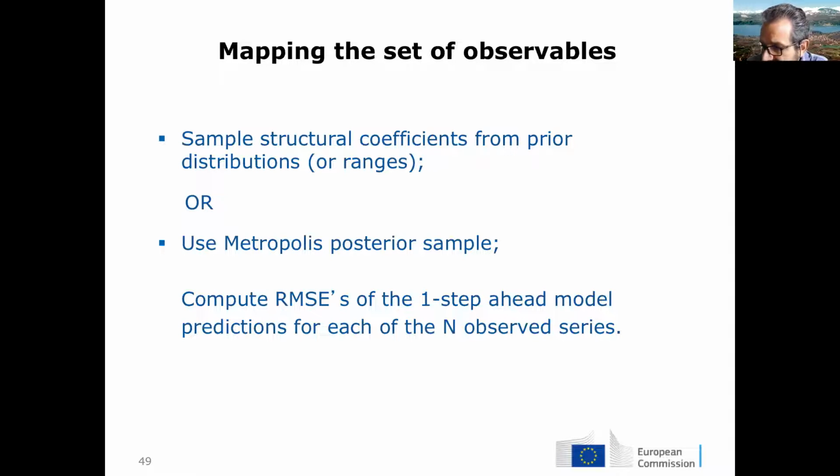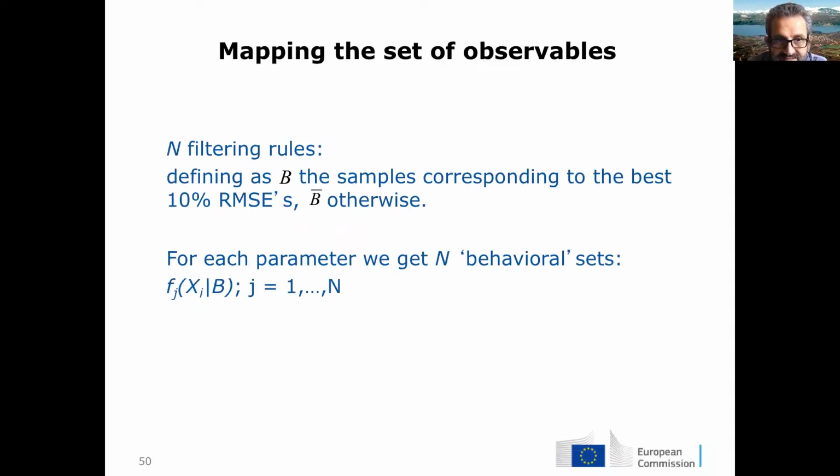Among the many other things that you get out of Dynare when you estimate, you can have subdraws of k-step ahead predictions of the model. So then we can pick the one-step ahead prediction of the model for each of the observed series and filter the best.